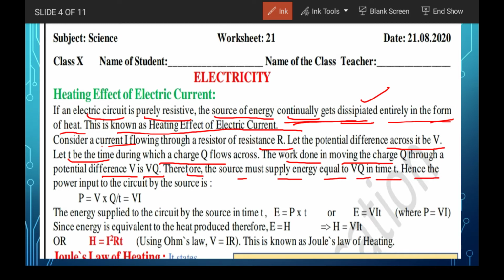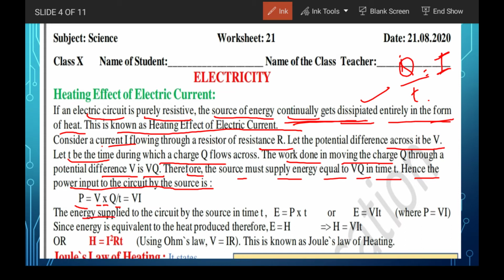Hence the power input to the circuit by the source is P = V into Q upon t. Now we know that Q upon t is equal to I. Q is your charge and t is your time.